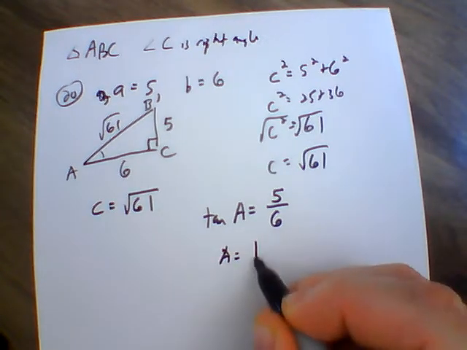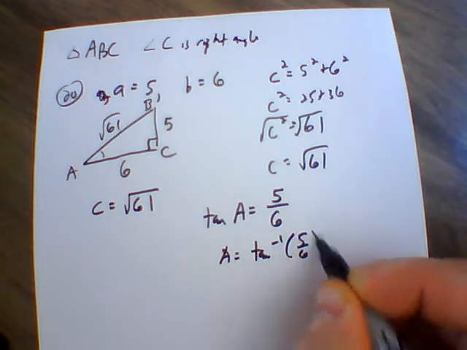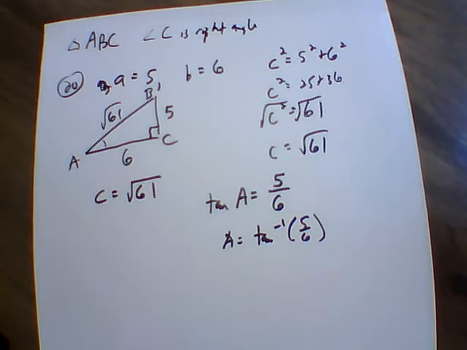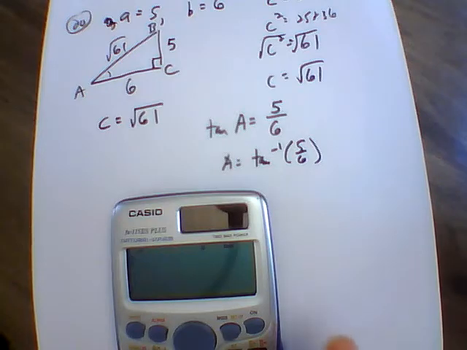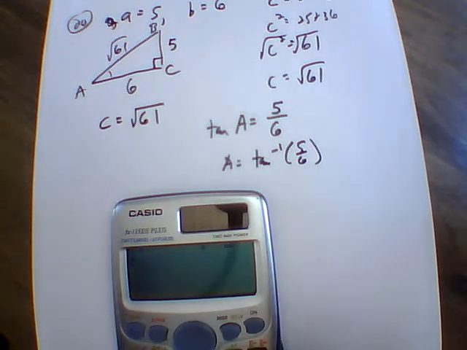So A is going to equal the tangent inverse of 5 over 6. So once again, we're going to put our calculator in here. We're going to take the tangent inverse of 5 divided by 6. Set that parenthesis in there, and we see that we have 0.6940. This is radians. Going back, it says round the answer to the nearest tenth.